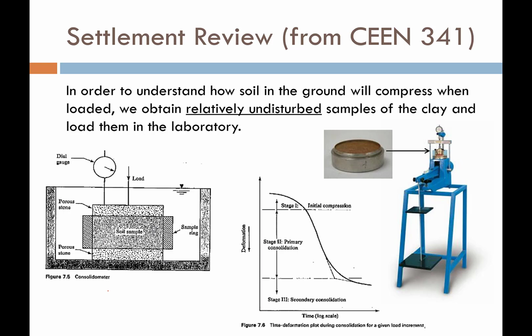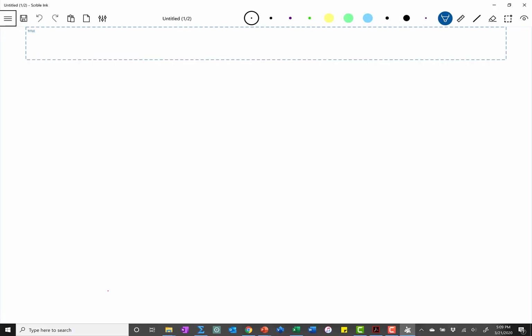So in the primary consolidation test, basically what we do is, if I'm in the lab and I have a block of soil that I retrieve from the field somehow, I'm going to carve out from that soil a little disc, almost looks like a hockey puck. And I don't actually carve it out.